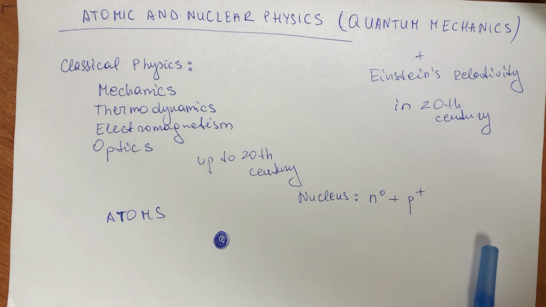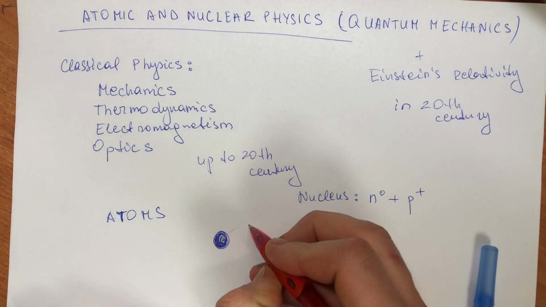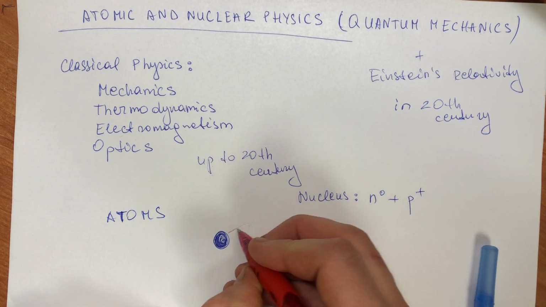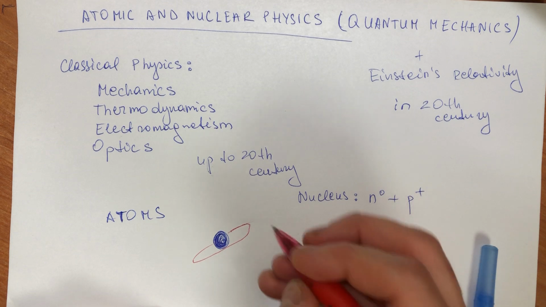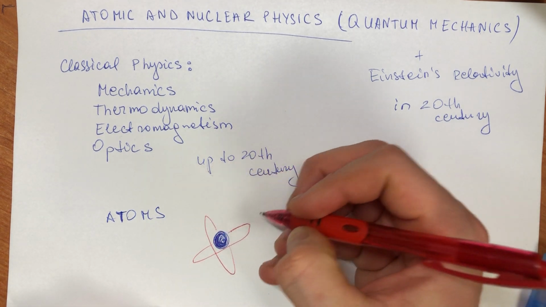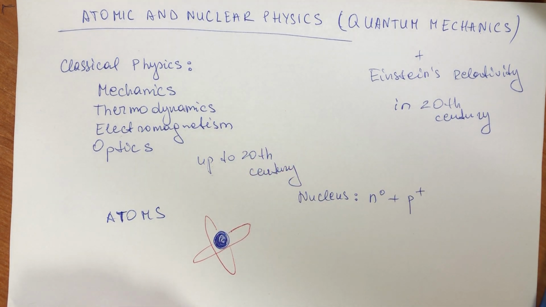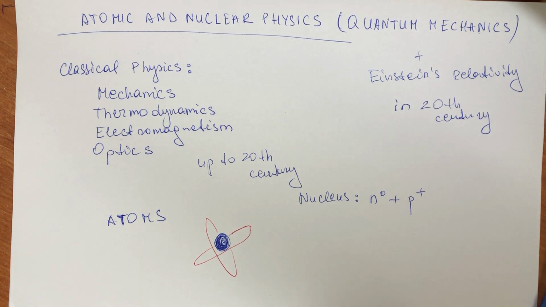So electrons move in circular orbits around the nucleus, like planets around the sun.